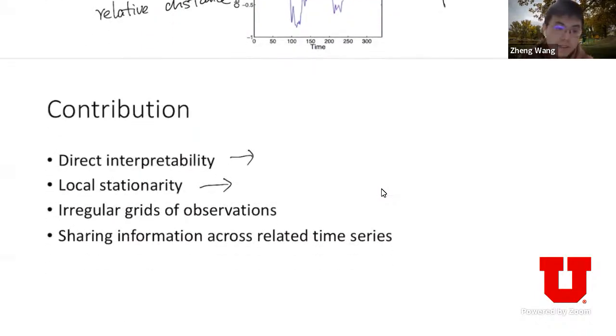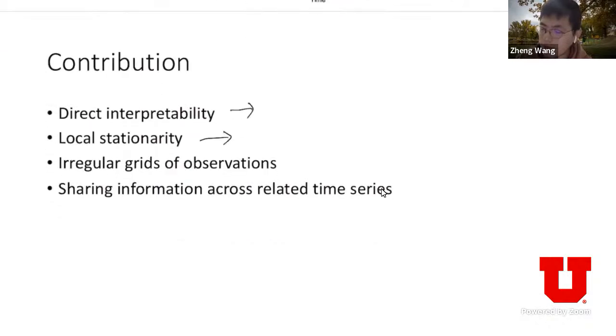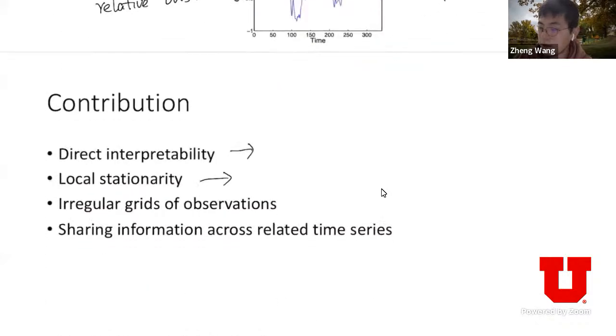Here, it doesn't need that requirement. And in this model, it can share information across related time series. Here, it's just sharing information across the multiple related trials.